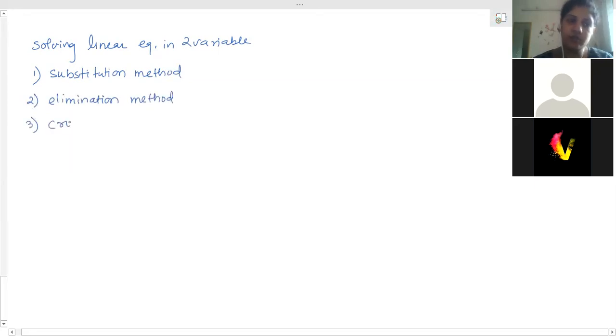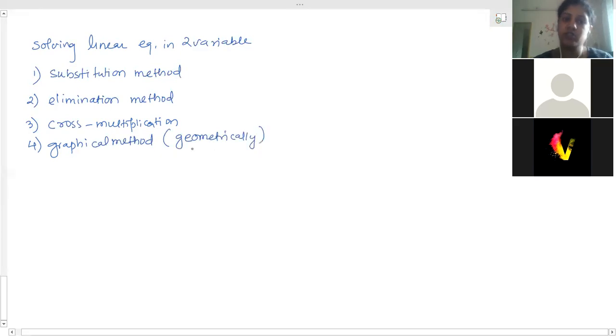Third one is the cross multiplication method. And the fourth one is the graphical method, from the graph. The graphical method is also called the geometrical method. So these are the four methods.